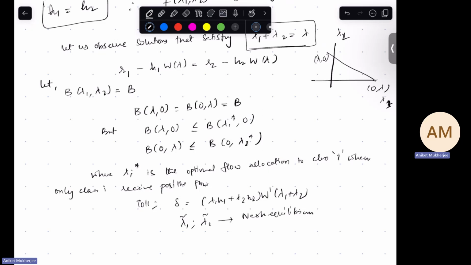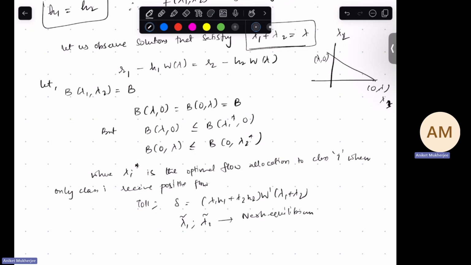No customer of either class has an incentive to deviate from this allocation, assuming that all other customers make no change. That is what a Nash equilibrium basically means. Even by charging the correct toll, we cannot be certain that the customers will be directed to the socially optimal flow allocation. Rather, the resulting allocation, even though it's a Nash equilibrium, may be dominated by both of the optimal single class allocations. Thus, we have a dramatic summation of the pitfalls of marginal cost pricing, that is pricing based on first order optimal conditions.